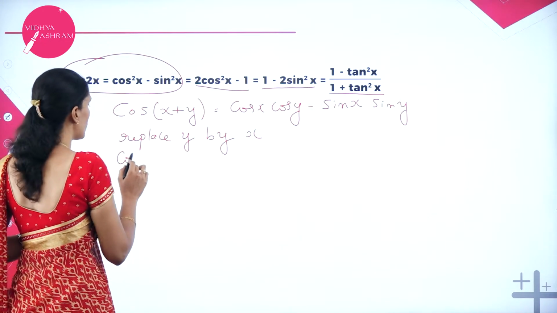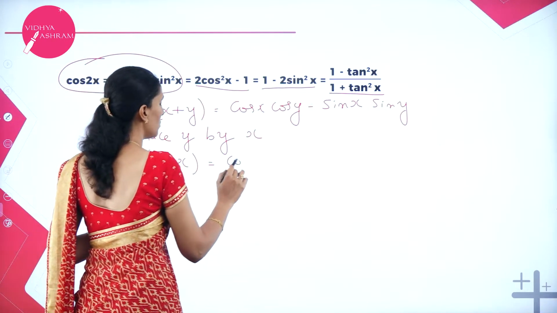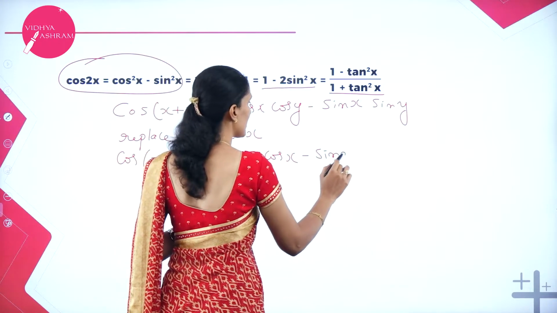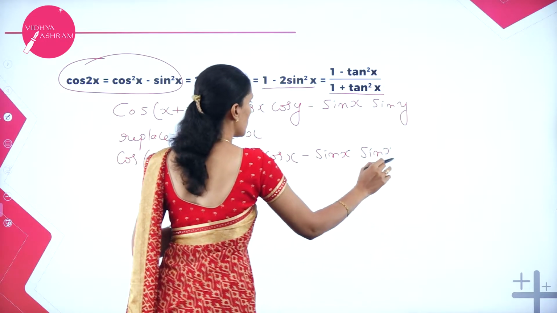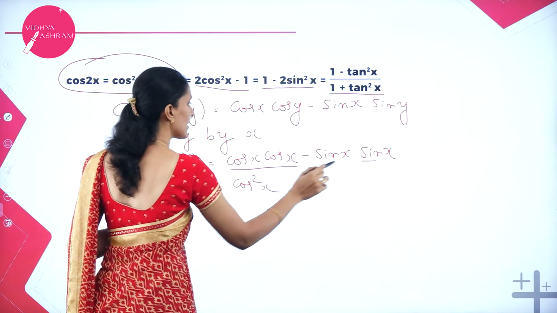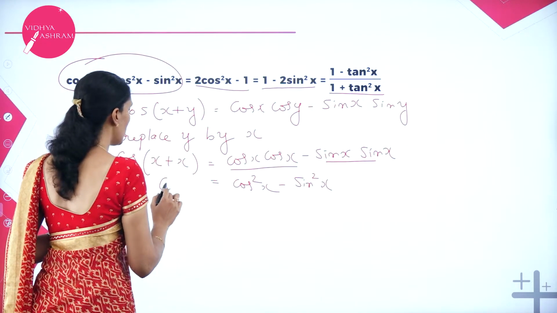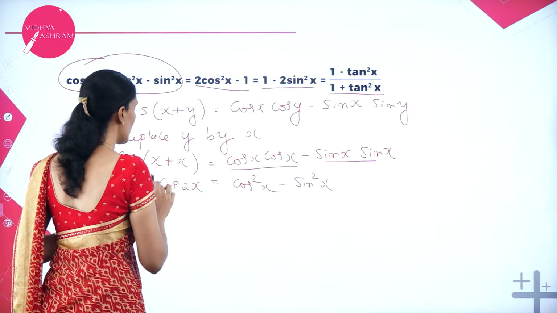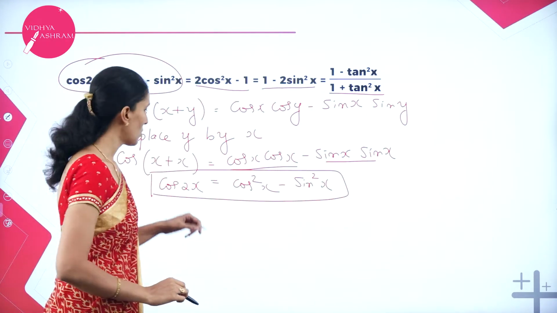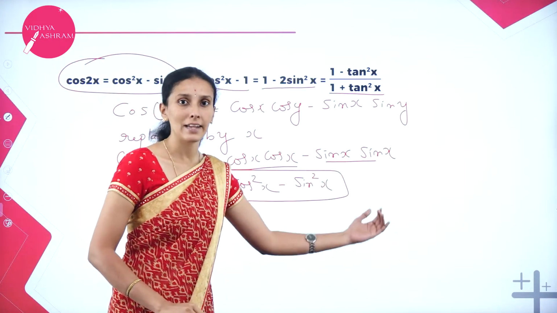So x plus x is equal to cos x cos x minus sin x sin x. So what is this? Cos x into cos x, cos square x, sin x into sin x, sin square x. So which is here your cos 2x formula. So this is one of the identities of multiple angles of cos 2x. So cos 2x is nothing but cos square x minus sin square x.